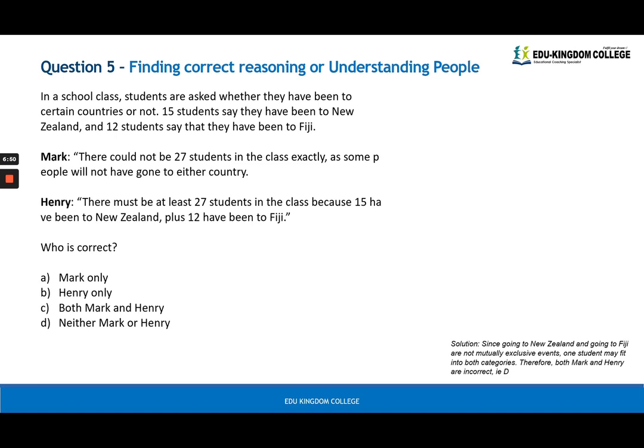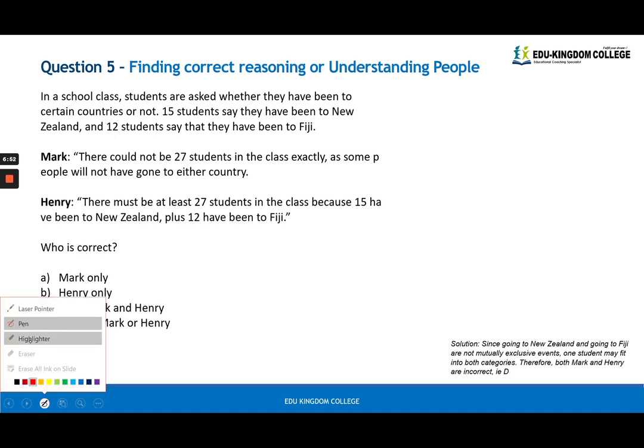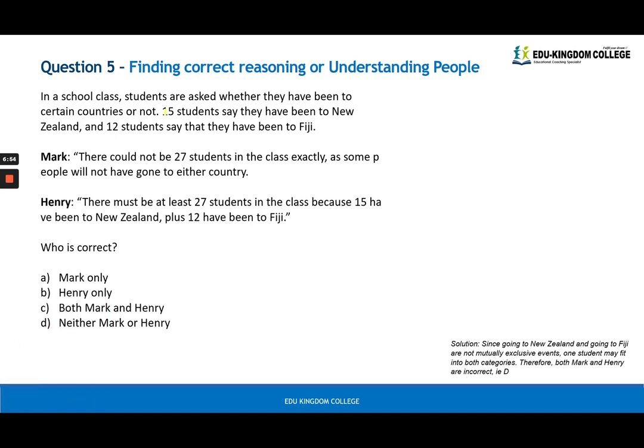Okay, number 5. So in a school, students are asked whether they've been to certain countries. 15 said that they have been to New Zealand, and 12 say that they have been to Fiji. Now Mark says, there could not have been 27 students in this class exactly, as some people will have not gone to either country. Now is Mark correct or false? He is incorrect, okay?